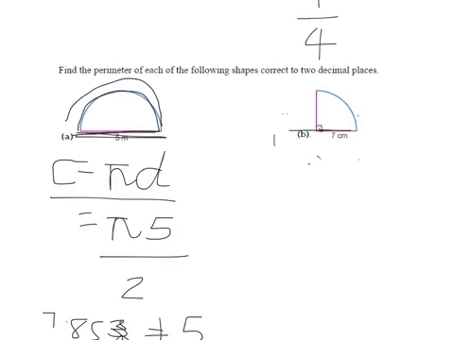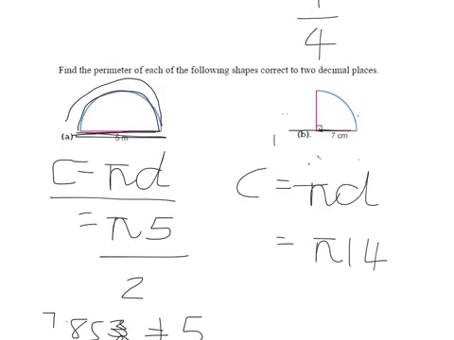So we go, our circumference is equal to pi times the diameter. So we're going to go pi times 14, because 7 and 7 gives me 14, and I'm doing my diameter. But before I do that, I have to divide it. Remember we divided this one in half, this one we have to divide by 4, because it's a quarter of a whole circle.